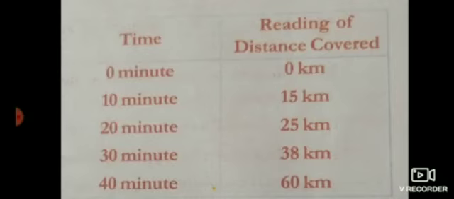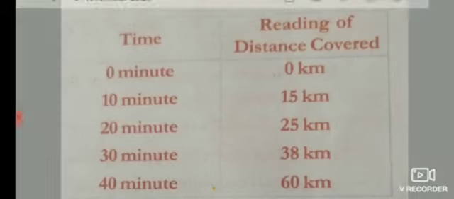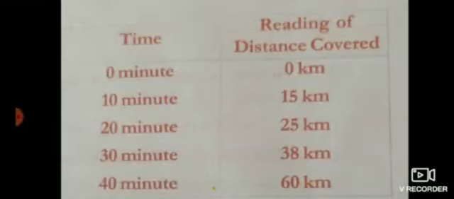After next 10 minutes it is 25 kilometer. Then another 10 minutes it is 38 kilometers, and the next 10 minutes is 60 kilometer. If you see here, how was the distance covered here? First 10 minutes it is 15 kilometer.